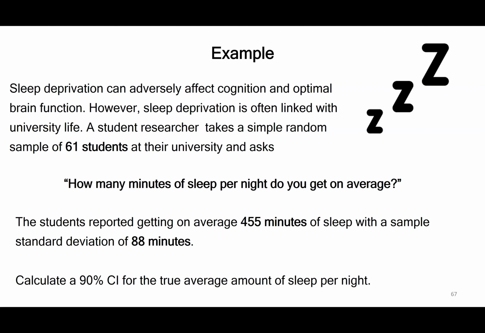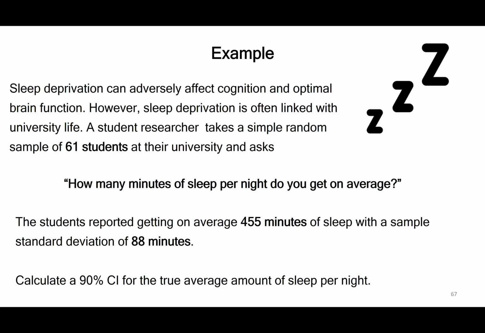At this particular university, they take a simple random sample of 61 students, and they ask, how many minutes per night do you get of sleep on average? So, like last week, how many minutes of sleep did you get on the average night?